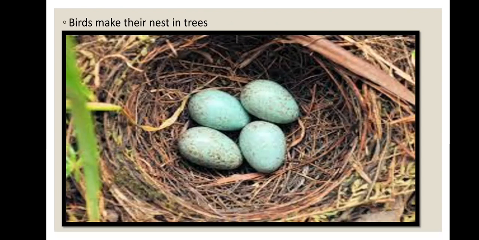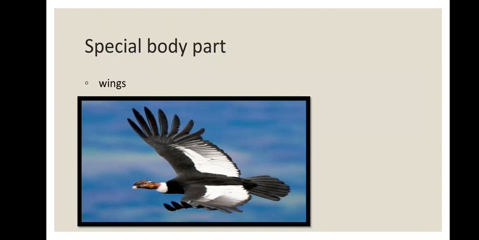Birds make their nest in the trees. They lay their eggs in the nest and live in the nest. Animals have special body parts which help them to live, find food and move.